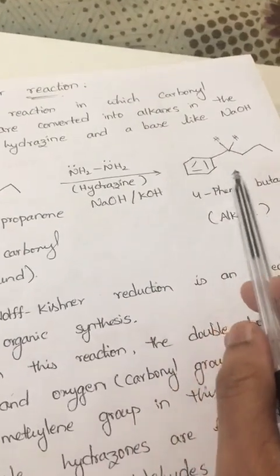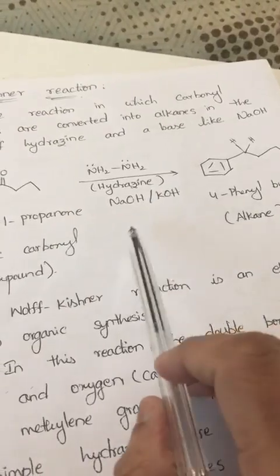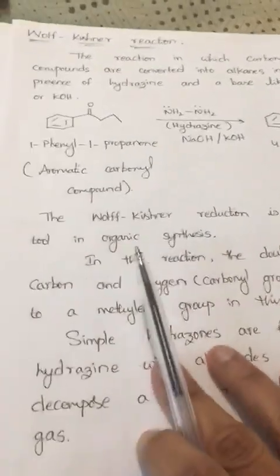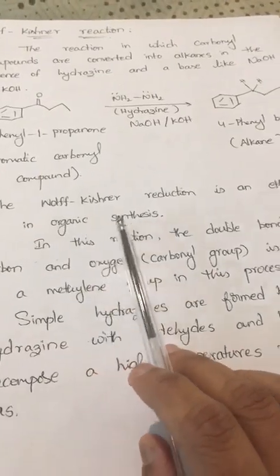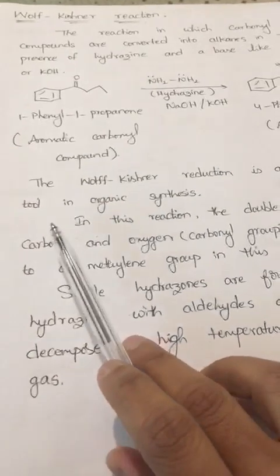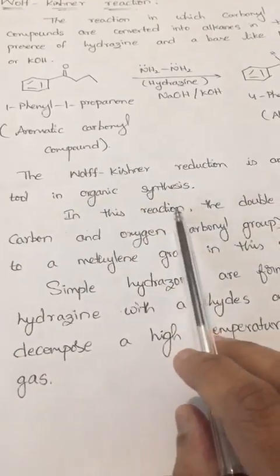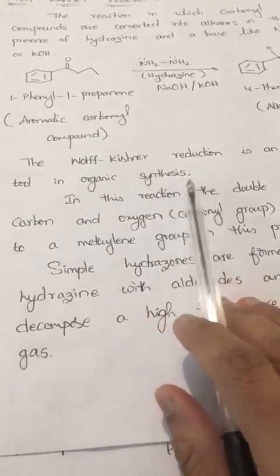Then it is easy to convert that hydrazone into an alkane using a base. The Wolff-Kishner reduction is an effective tool in organic synthesis, and it is mostly useful in the preparation of pharmaceutical compounds.